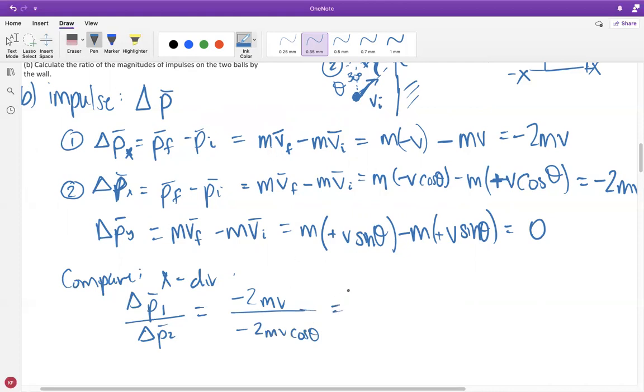Which is just going to end up being 1 over cosine theta. And our theta is 30 degrees. So we can go ahead and plug that in. So then 1 over cosine of 30 degrees is 1.15.